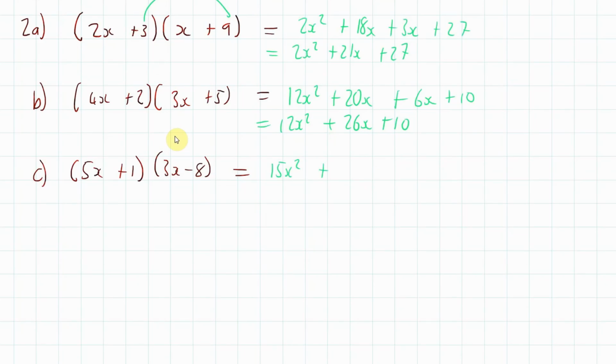And then we've got outers, which is 5x times minus 8, so that's actually not going to be positive, it's going to be minus 40x. And then we've got inners, 1 times 3, that's 3x. And then we've got 1 times minus 8, which is minus 8. And then we simplify that and we get 15x squared minus 37x minus 8.